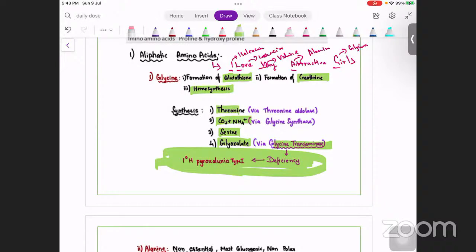So what are the things you have to know about glycine? Formation of glutathione, formation of creatine, and heme synthesis. Synthesis involves threonine, carbon dioxide and ammonia, serine, and glyoxylate. Primary hyperoxaluria type 1 is due to glycine transaminase deficiency.